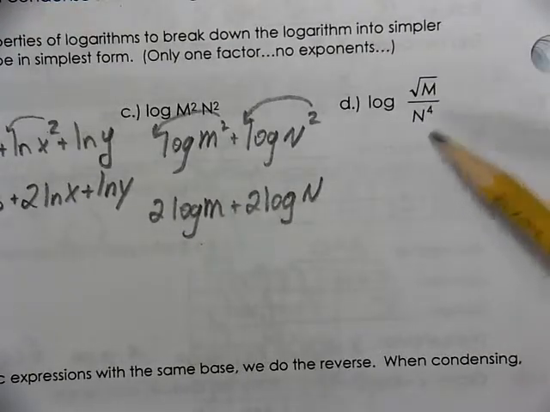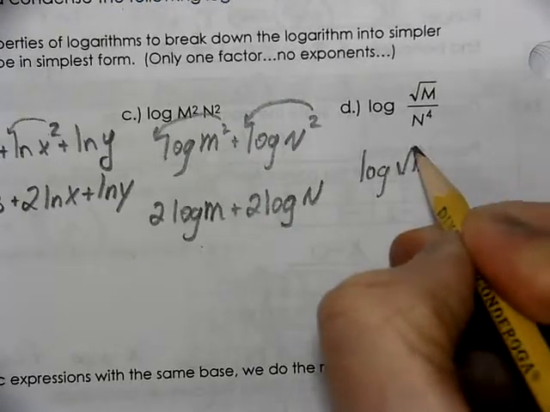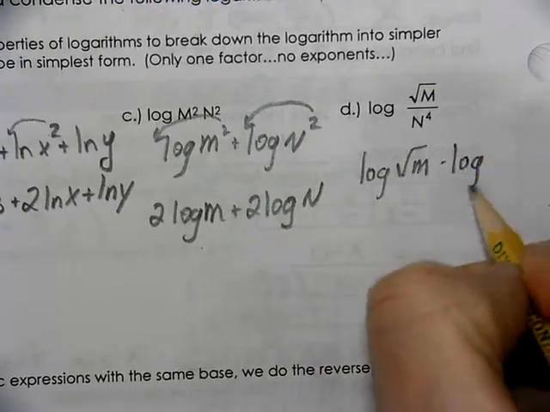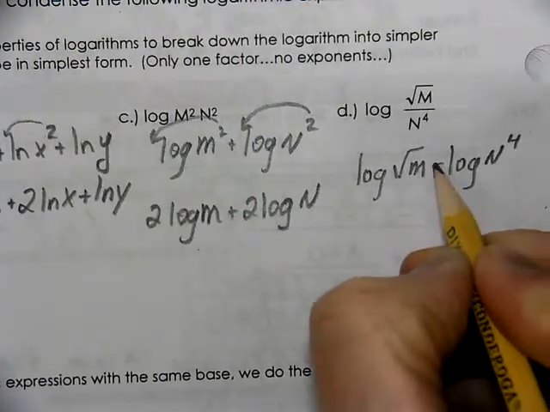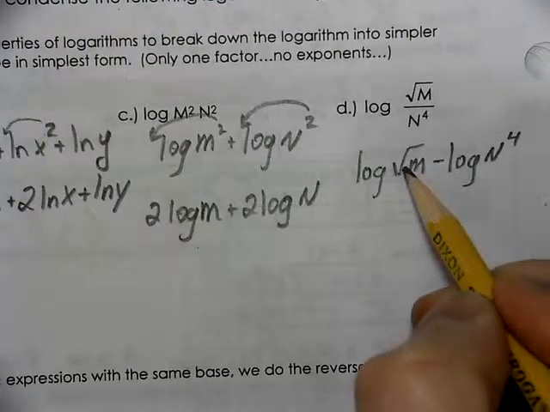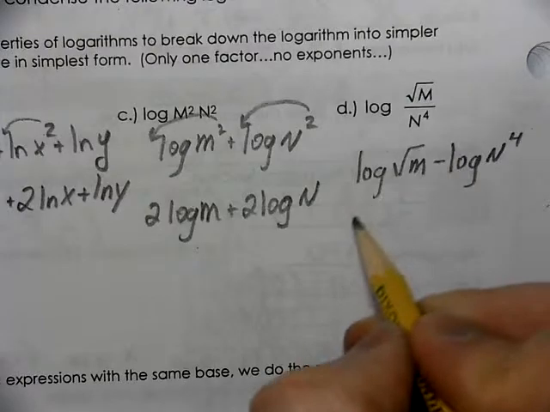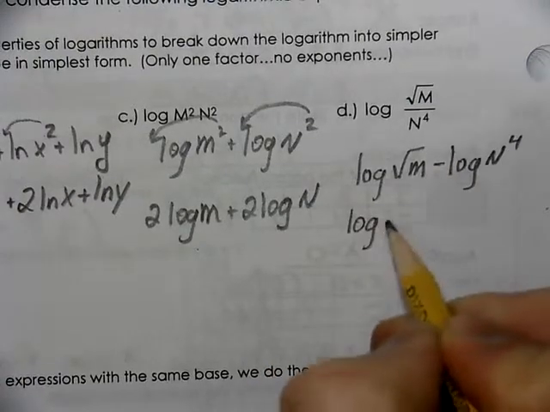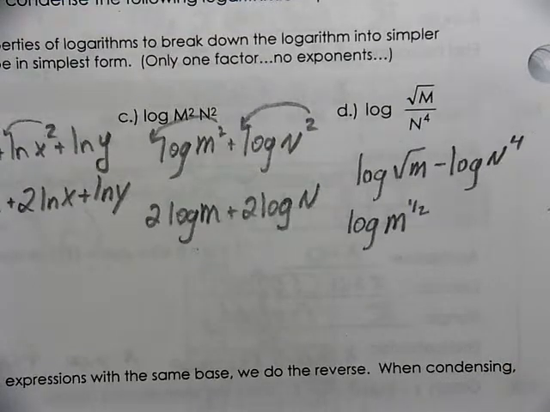Here, this is a quotient, so we're going to say log the square root of m minus log n to the fourth. Well, let's think about this. The square root of m. What is the square root of m? Any square root has a fractional exponent.